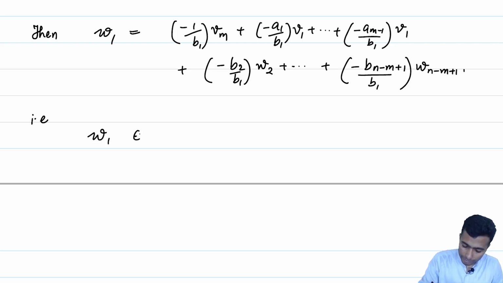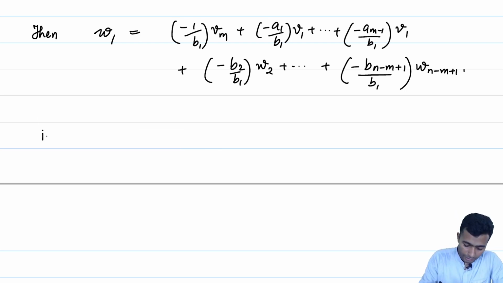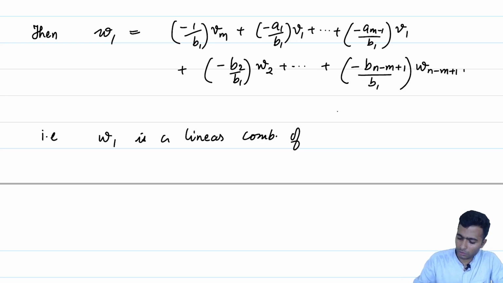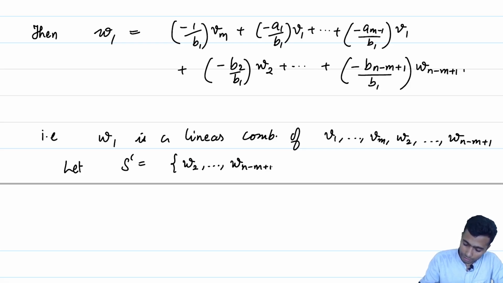W1 is an element in the span of L tilde. That means W1 can be written as a linear combination of V1 to Vm and W2 to Wn minus m plus 1. So let S prime now be equal to W2 up to Wn minus m plus 1.